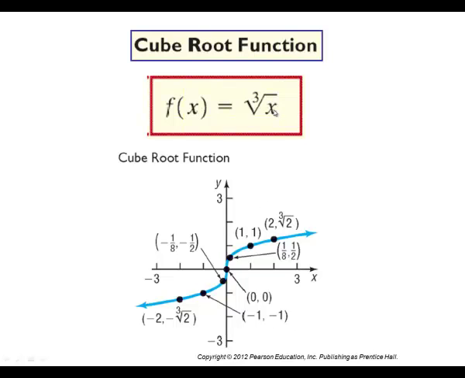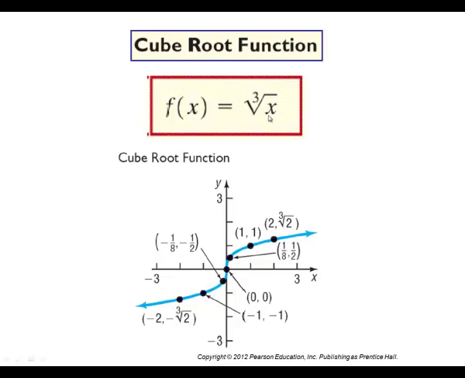And now if we took 2 times 2 is 4 times 2 is 8, so if x is 8, then the cube root of 8 is 2. And so on. Cube root of 27 is going to be 3.